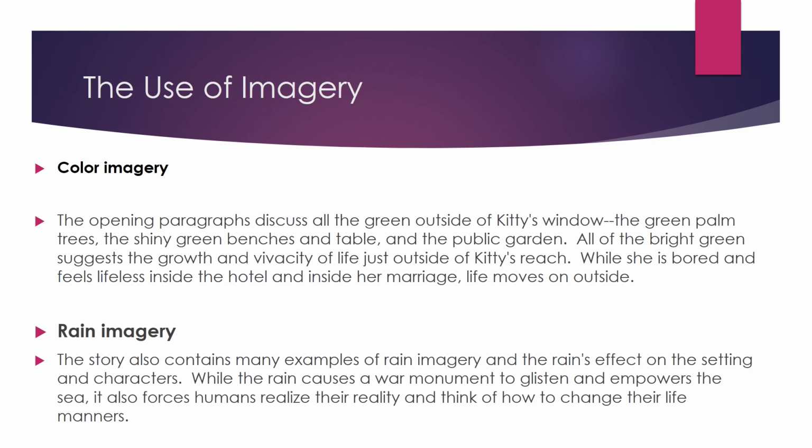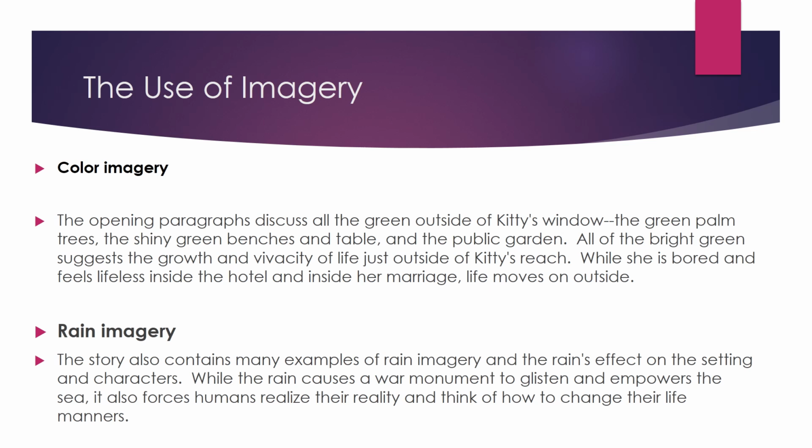We have such a great variety of different colors outside the hotel, and this represents the rush of life, that everything is moving on, not caring about individual problems and troubles. We have also the rain imagery.